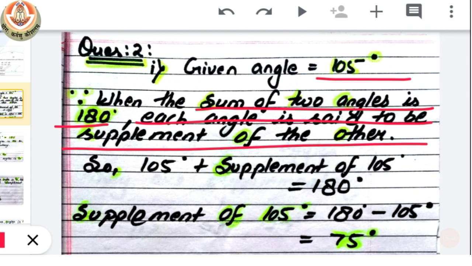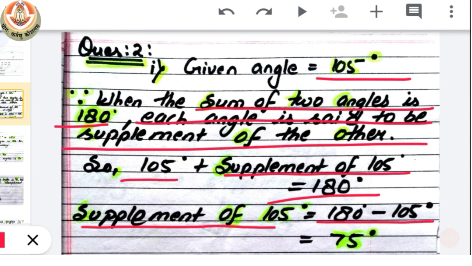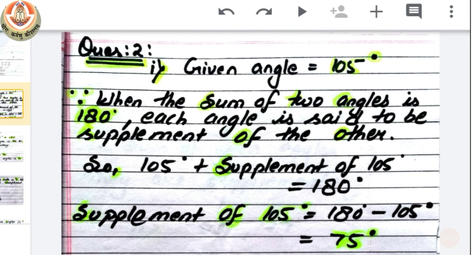So when we add 105 with its supplement, the sum should be 180. So its supplement is 180 minus 105, which is 75. Okay, it means we just have to subtract the given angle from 180 to get its supplement.